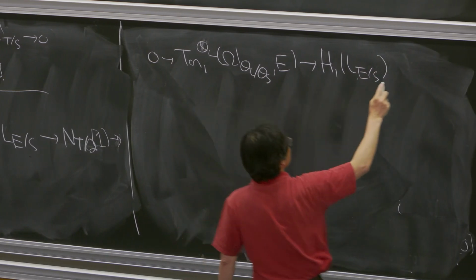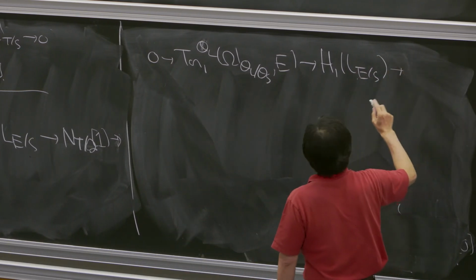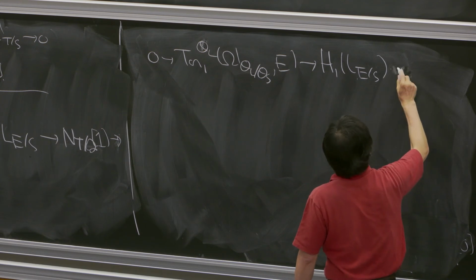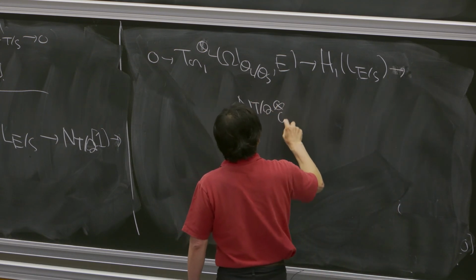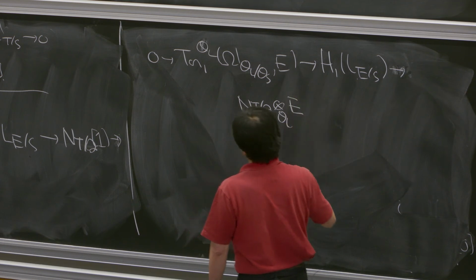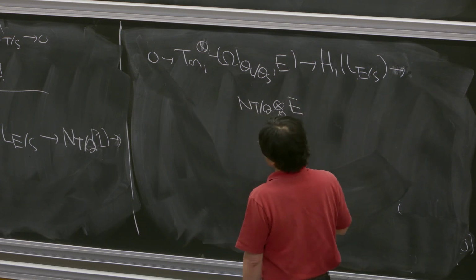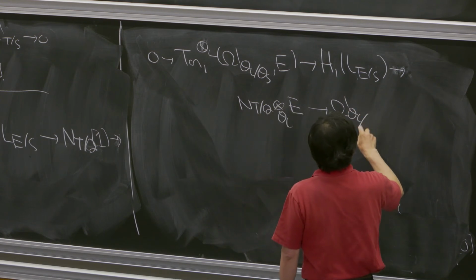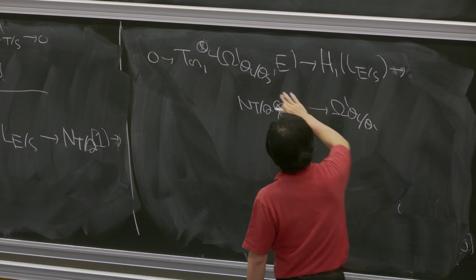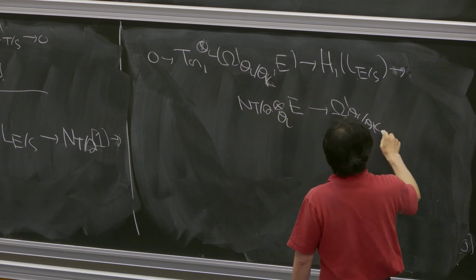The next one is N2 over Q tensor O_L E, and omega 1 of O_L over, okay, maybe. Okay.